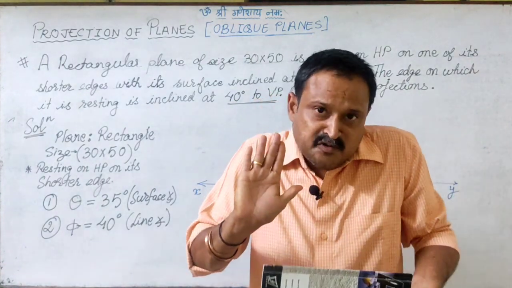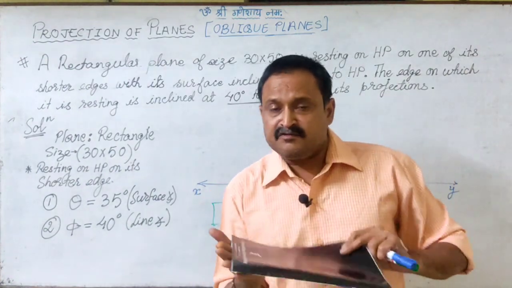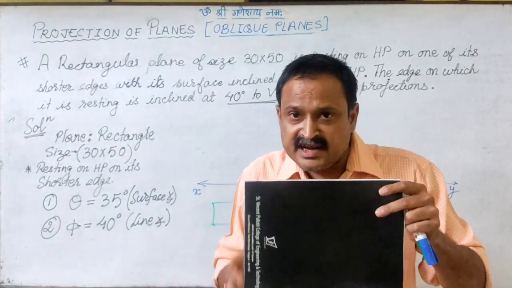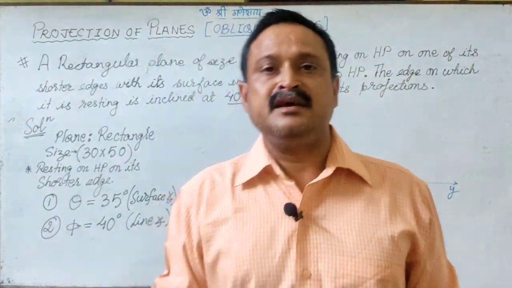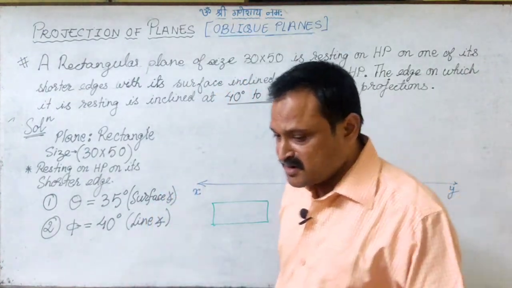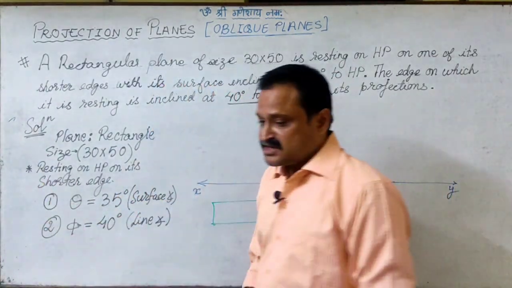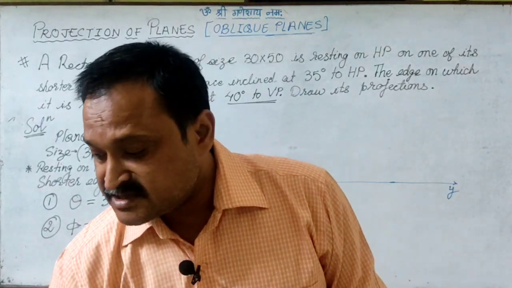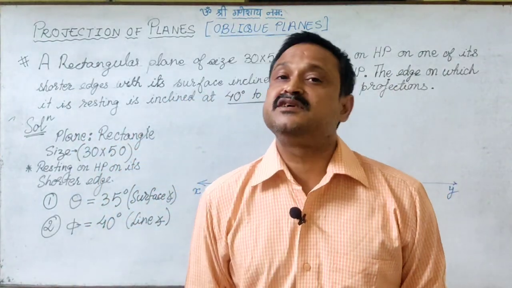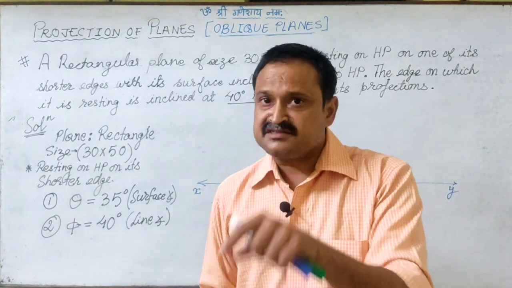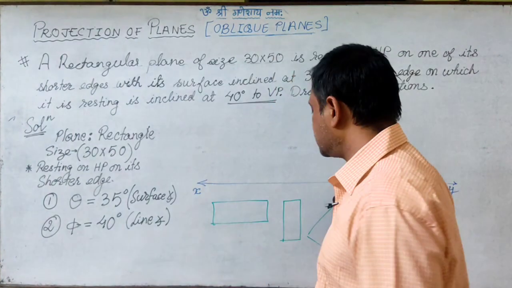So in the top view, we will see that the shorter edge comes out to be perpendicular to XY. So again, remember this point: whenever there is an edge condition, whichever edge is under consideration must be drawn, wherever you are drawing the true shape, perpendicular to the XY line.